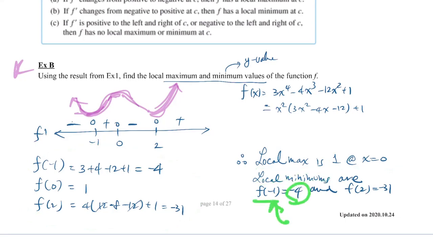And where does that happen? When x is -1. So this is a more compact way of saying it. So instead, over here, what I could have said is f of 0 is equal to 1. Let's try it again. f of 0 is equal to 1.